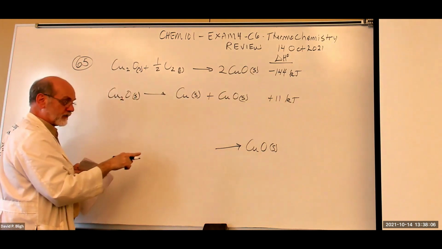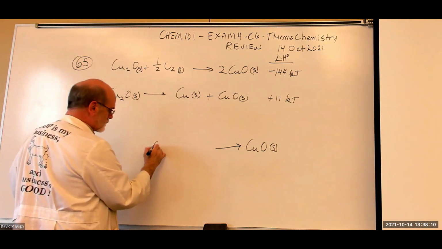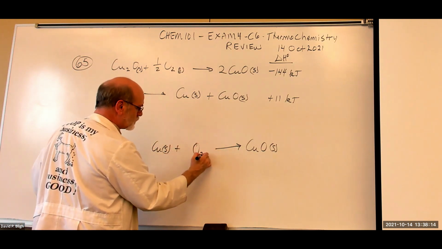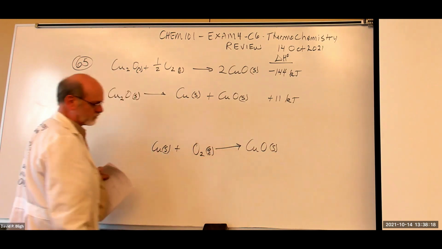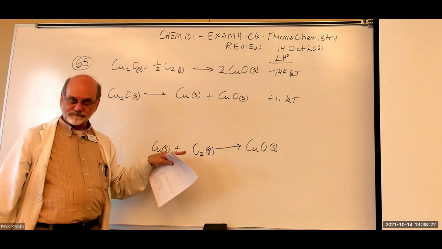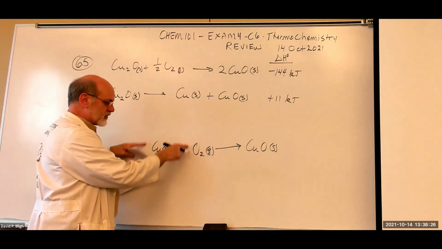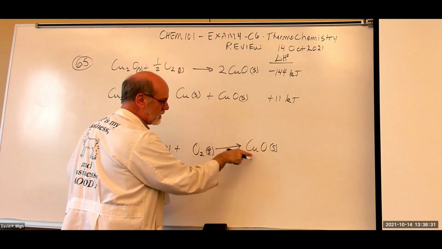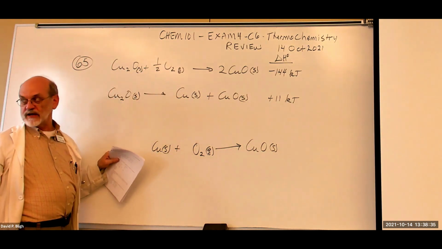Okay, and you form it from elements in their standard states. So copper solid plus O2, diatomic gas. Okay, those are in their standard states. Then you use coefficients here to give you 1 mole of that. After you write this and the arrow, you can't touch that. Not for standard heats of formation.